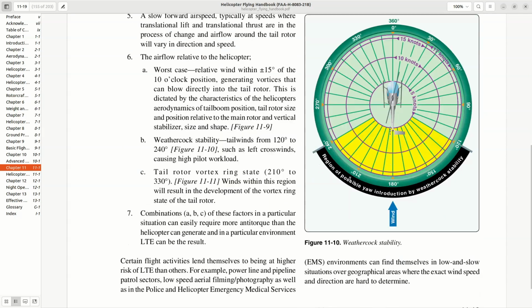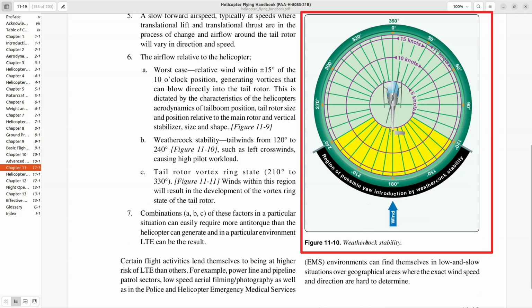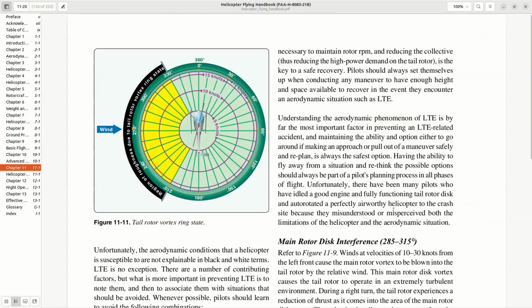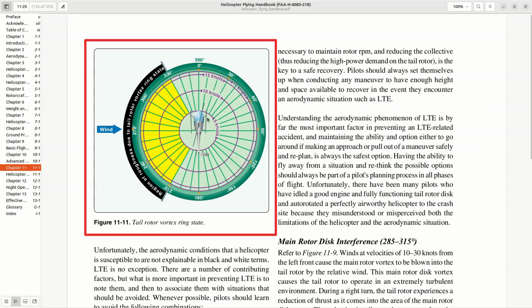Another way is what we call weathercocking stability. So if I have things coming from the back, all those stabilizers we were just talking about can cause the helicopter to try to weather vane or whip around 180 degrees. That's called weathercocking. And then finally, we can get tail rotor vortex ring state.